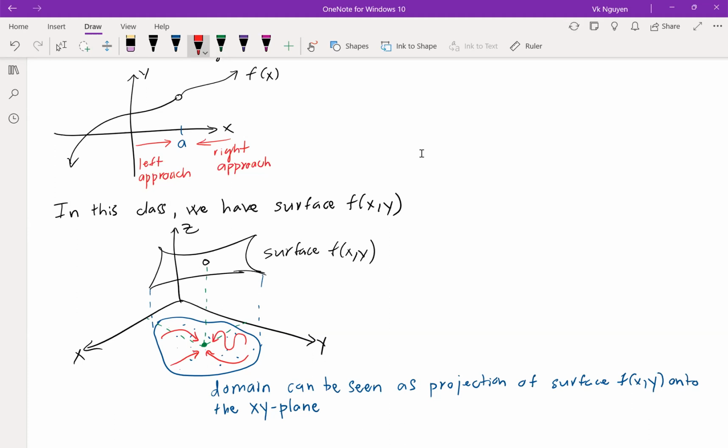You see, many ways to approach the point on the domain. For the function, you see, only two ways to approach x equal a.